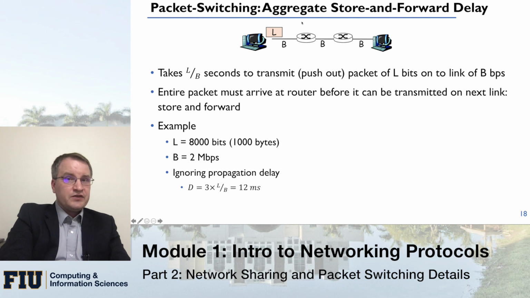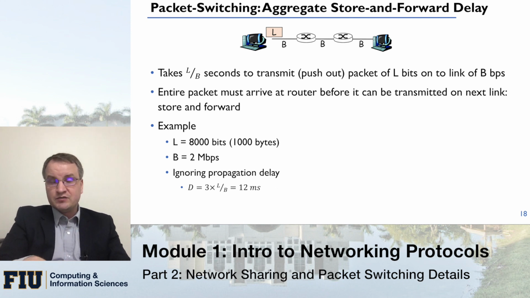In this case, we have calculated this packet has to be transmitted 1 by 1 by each node, and we calculated this as 3 multiplied by L divided by B, because we are sending the packet 3 times by different nodes. In the other case, when we send 5 packets, we didn't get 5 multiplied by 3 multiplied by L divided by B. Rather, because we have this queuing, because everything is happening at the same time, we actually amortize some of the cost.